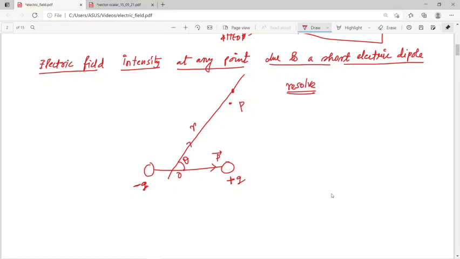Now listen carefully, we can resolve this p into two components.